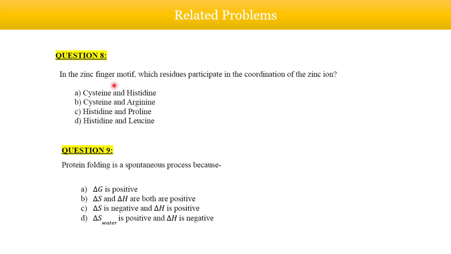The next one. In the zinc finger motif, which residues participate in the coordination of the zinc ion? We are talking here about the zinc finger motif. Which residues are present over here? Yes, collagen has a triple helical structure, that is absolutely right.